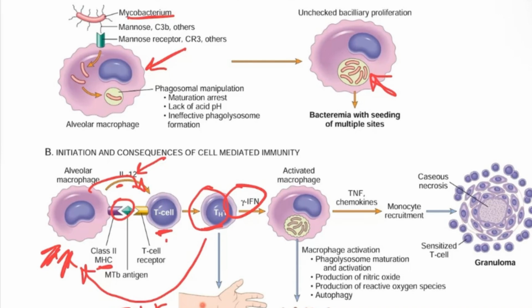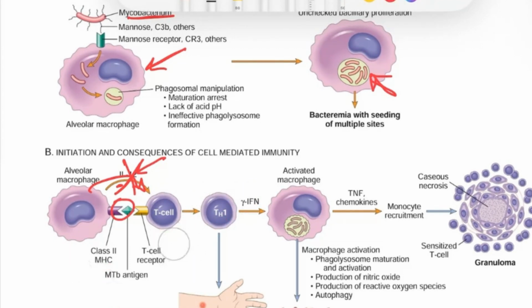All right. Now this is very, very important because you can have a question that will ask you, what happens if the Th1 is unable to respond to interleukin 12? If this interleukin 12 can't stimulate your Th cell, then the naive T cell will never become your helper Th1 cell.